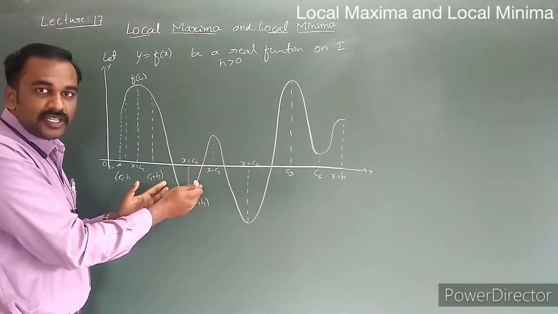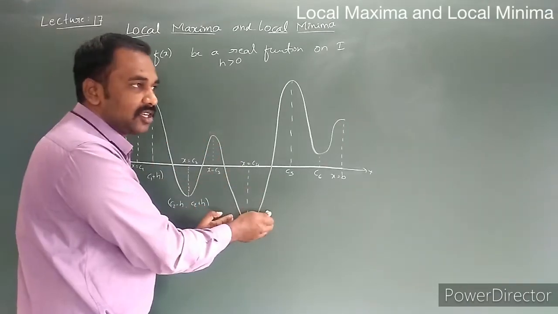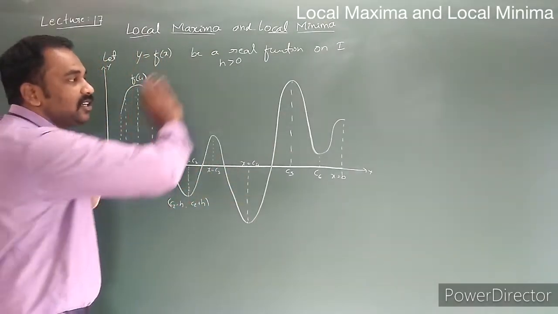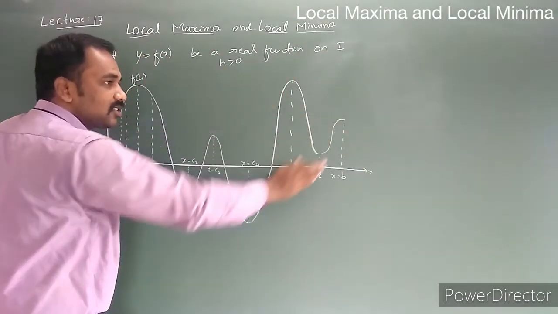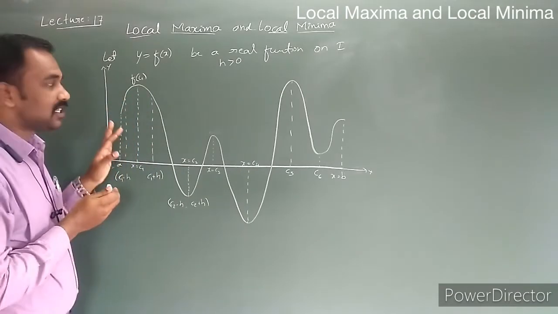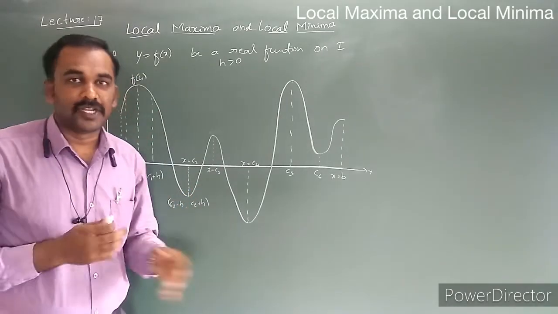Similarly, the particular first college lowest result, second college lowest result, third college lowest result. Out of all the colleges of the district, I am taking one particular college topper. That is what we call the local maximum value and local minimum value.